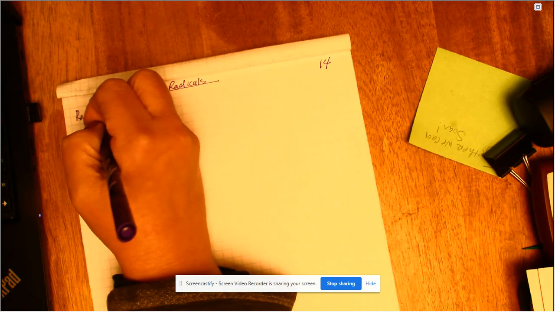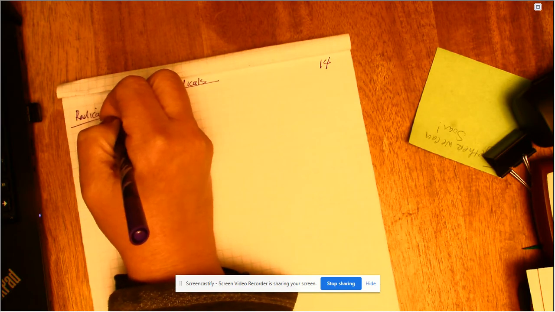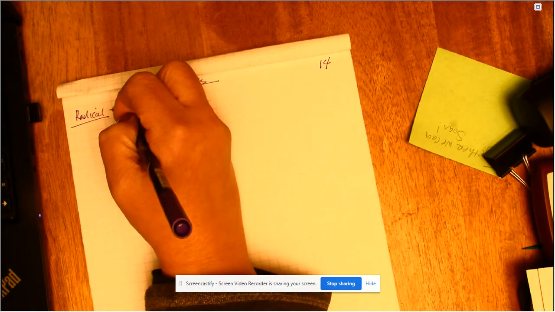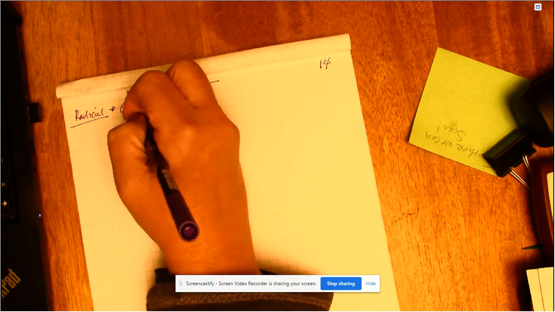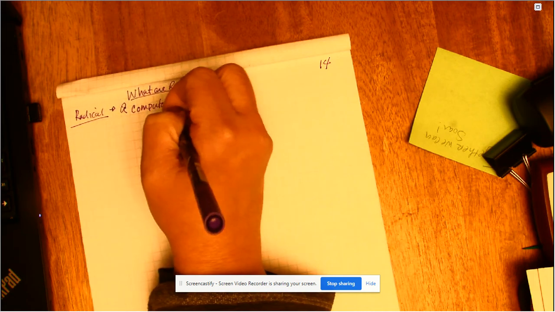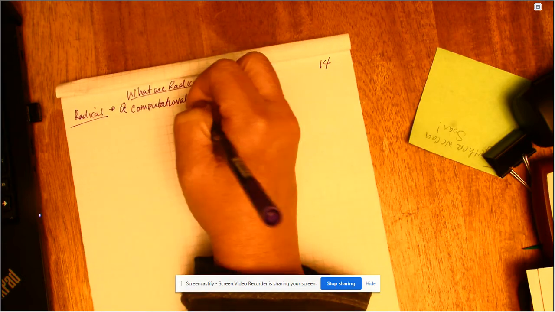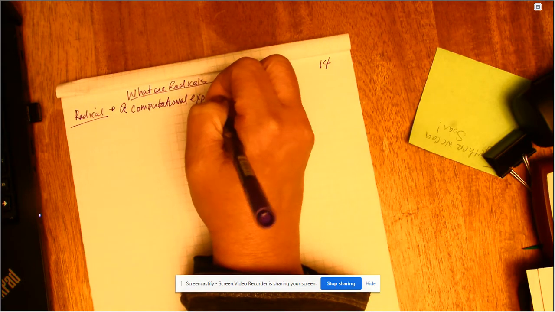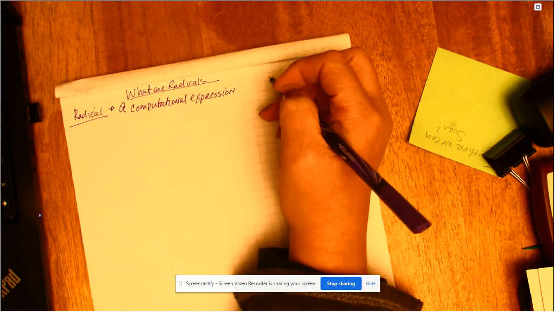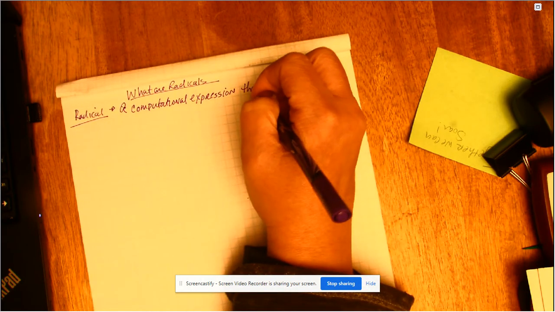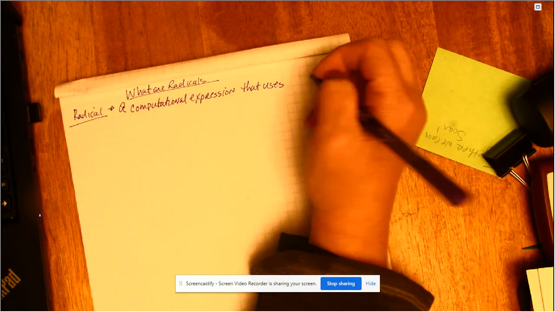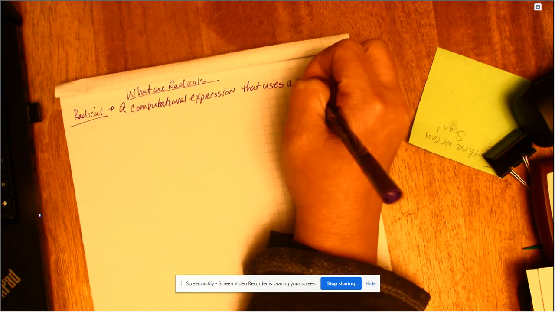Okay, so a radical, often called a root, and that's because it's a computational expression that uses a root.